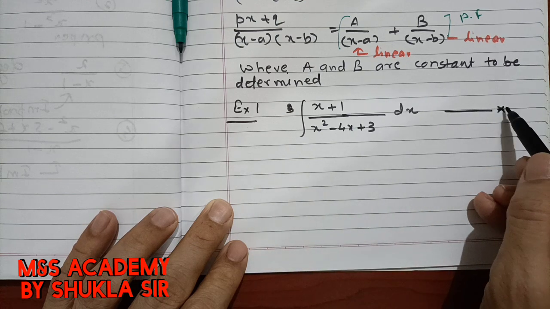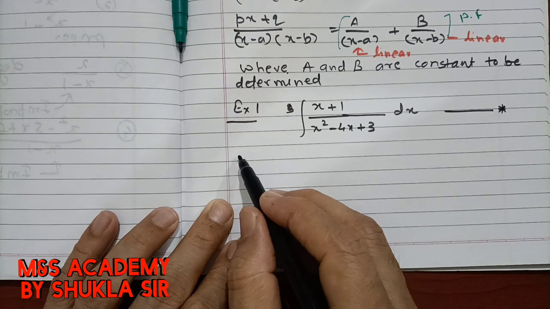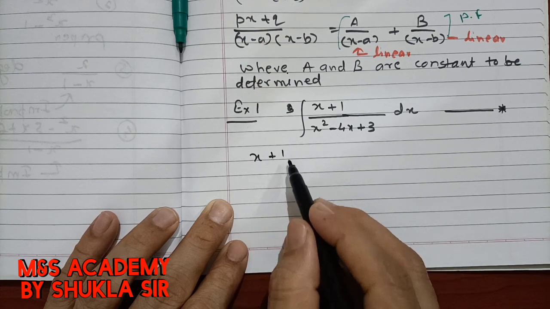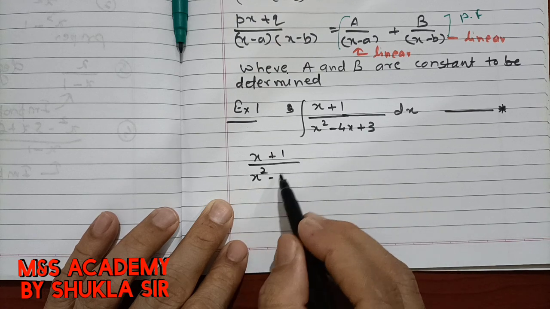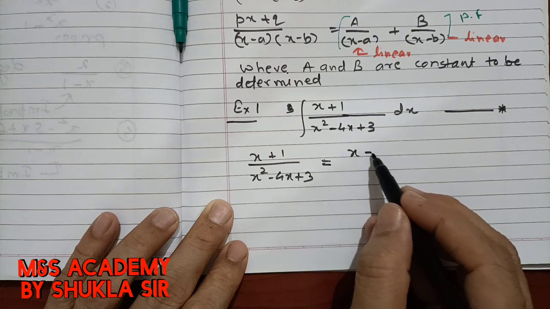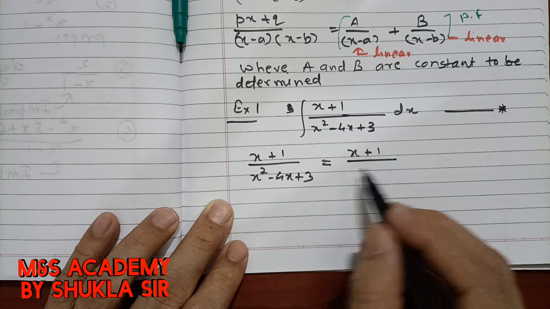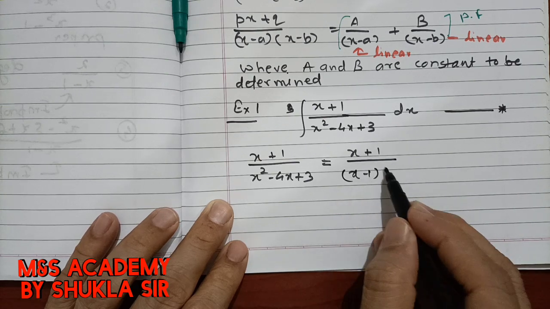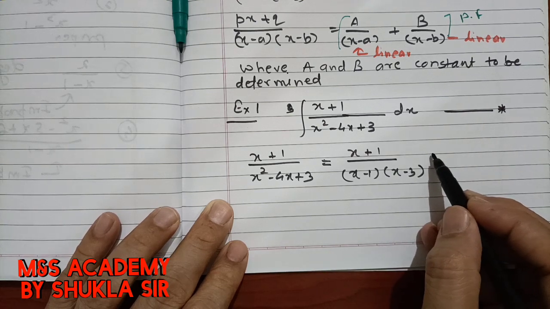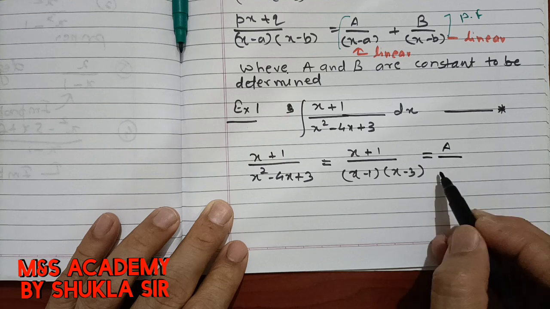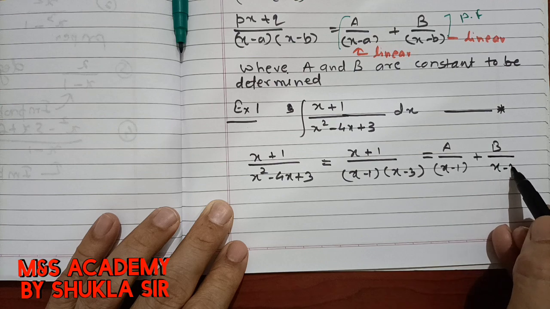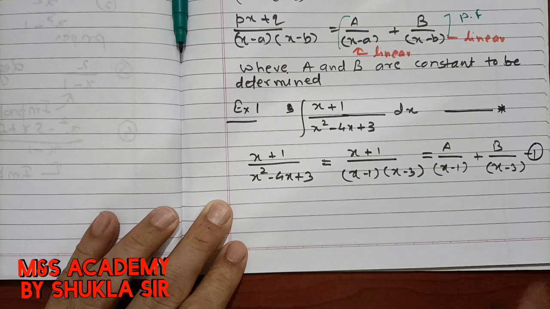So mark this one as a star and consider x plus 1 divided by x square minus 4x plus 3, which is equal to x plus 1 divided by the factors x minus 1, x minus 3, which is equal to A by first factor plus B by second factor. This is always put as equation number 1.